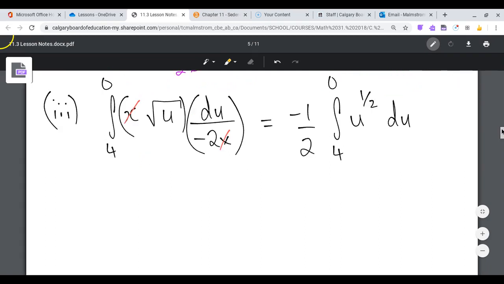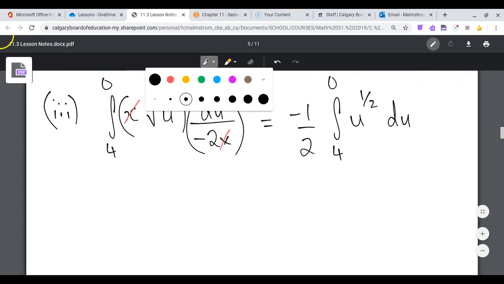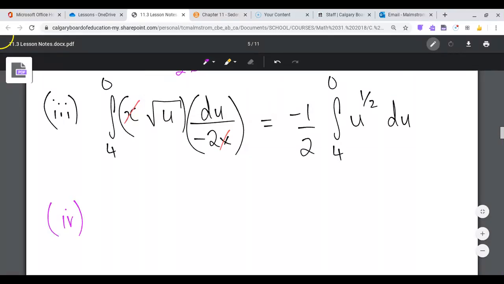All right, step 4. I think we haven't used step 4. So I have negative 1/2. And what is the antiderivative of u to the half? So when you add 1, you get 3/2. Divided by 3/2 is the same as multiplying by 2/3.